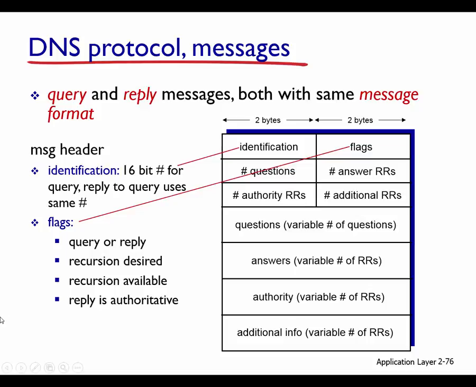We can determine if we want to use recursion or iteration: a query can say I want to use recursion, and we come back with a response that recursion is available. If not, you're going to use an iterative query instead. And there's a flag for whether or not the replier is authoritative, which basically means that it's coming from the authoritative name server, not from something higher in the hierarchy.